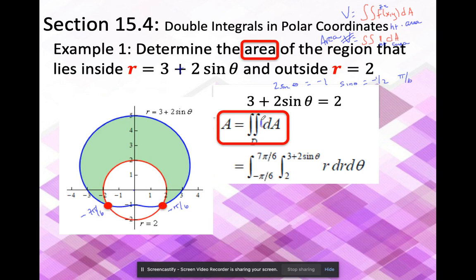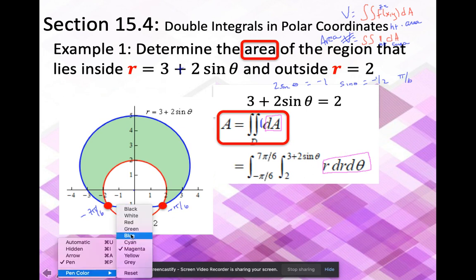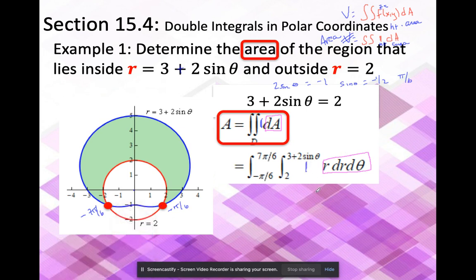So area, see how this is area because the integrand is just a 1? So this is the area. I'm not building up from this at all. I'm just looking down on this. But notice my dA, when I transformed into polar, my dA was that extra r dr. I still have the integrand of 1.